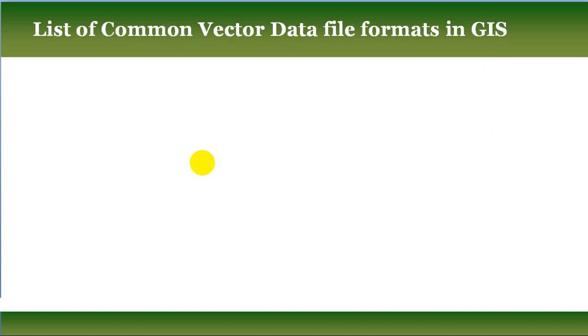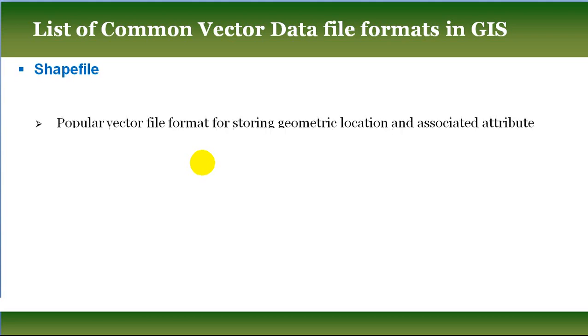Now finally we will conclude with some of the common vector data file formats we use in GIS. As I told you in my last video, there are so many raster data file formats, so also many vector data file formats are there for storing point, line, polygon in computer. One of them, very popular, is called shapefile.